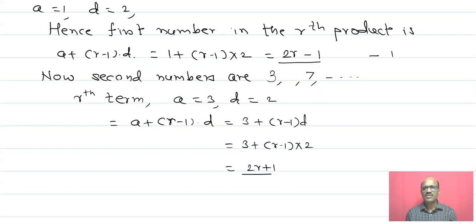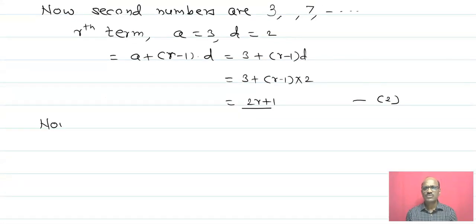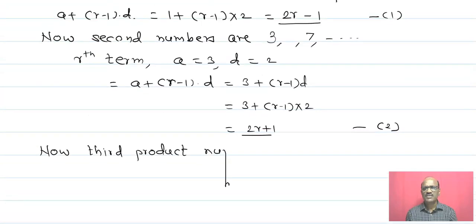Therefore, a is equal to 3, d is equal to 2. Therefore, the rth term is 3 plus r minus 1 into d, that is 3 plus r minus 1 into 2, that is 2r plus 1.